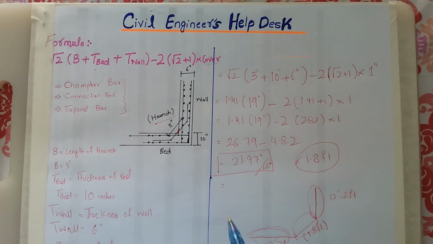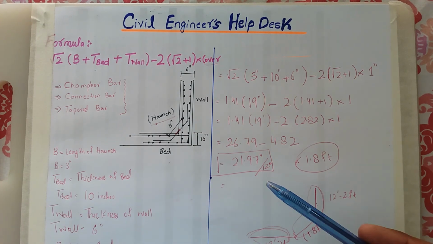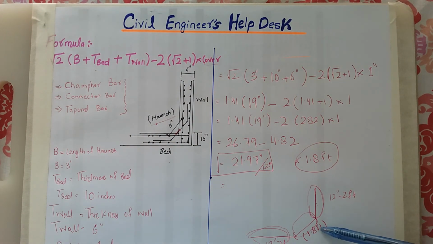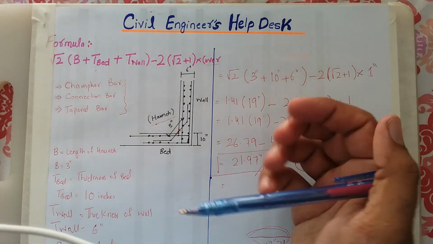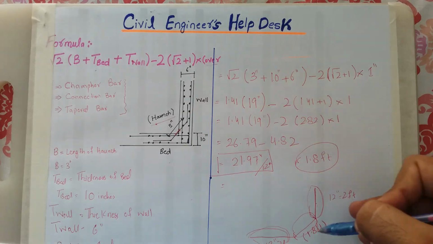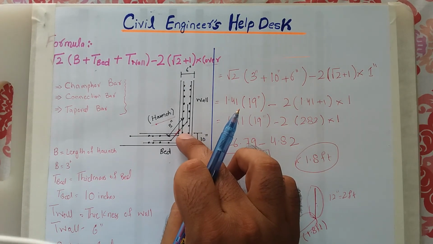So if you are providing a haunch bar in a water tank or any structure, normally water tanks, water retaining structures, mostly have haunch bars, you can calculate this length by this formula. So we have calculated the haunch length for this water tank, and it is 1.8 feet. You will go to the steel fixer and tell him that this length must be 1.8 feet. Why is it necessary to give this length properly?